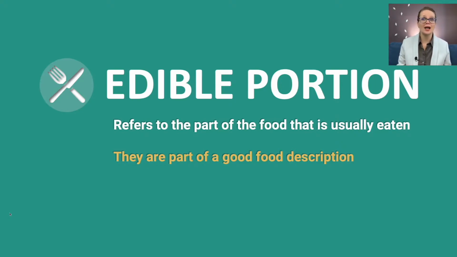So this is why the edible portion is an important component that should be included in the food composition tables. And usually the edible part of the food is part of a good food description in a food composition table.